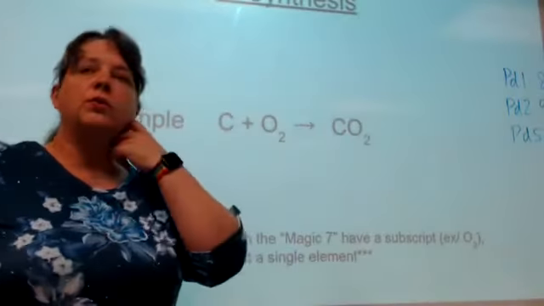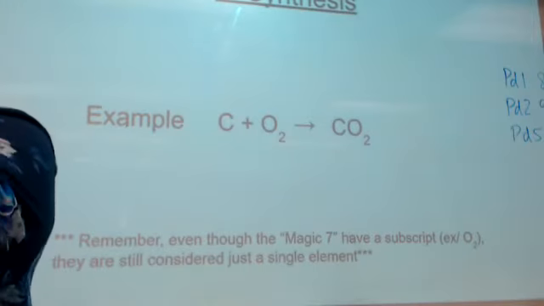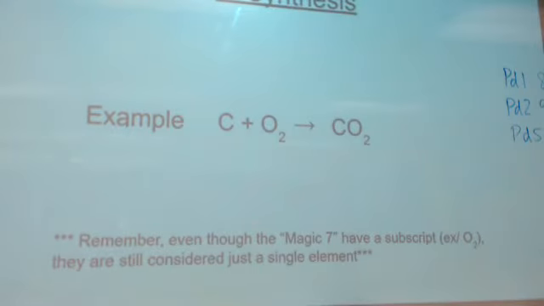So now we just need to match these names up with some examples. Okay, if you are given a chemical reaction, you have to be able to identify the type by looking at it. So I'll give you some tricks. Here is an example of a synthesis reaction. What do you notice about this reaction in terms of reactants and products?